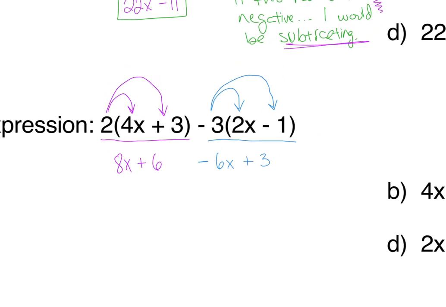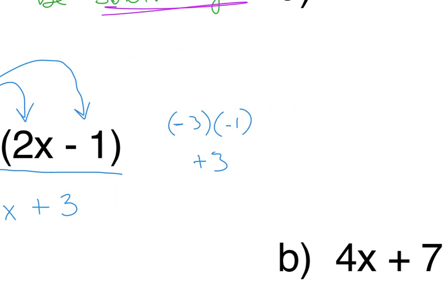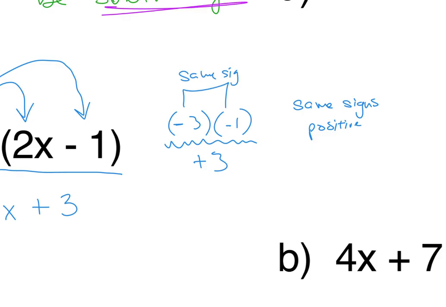So one thing before we move on is that a negative times a negative is a positive. If you need to remember, so 1, we've said that a million times. 2 is same signs, positive. These are the same signs, right?